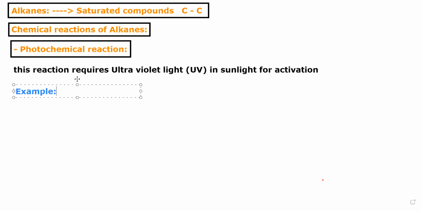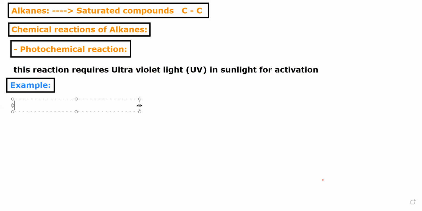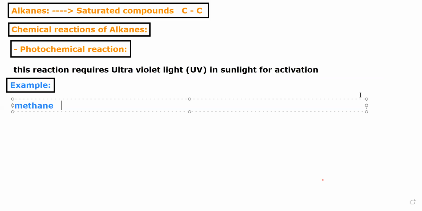So methane will be reacting with chlorine. These reactions involve halogens, like chlorine and bromine. So these photochemical reactions are where alkanes react with chlorine, but under certain conditions.